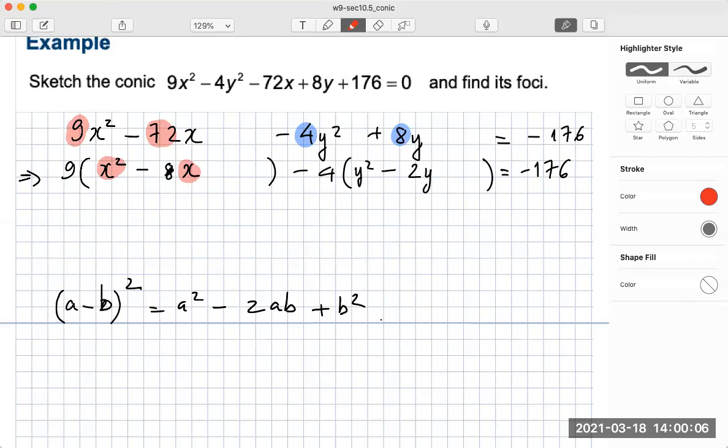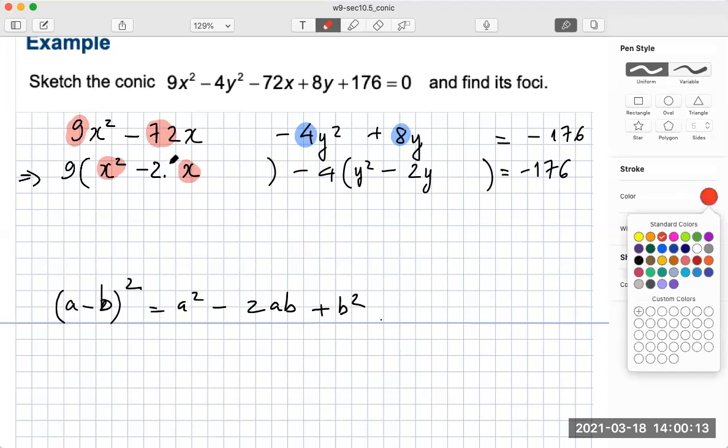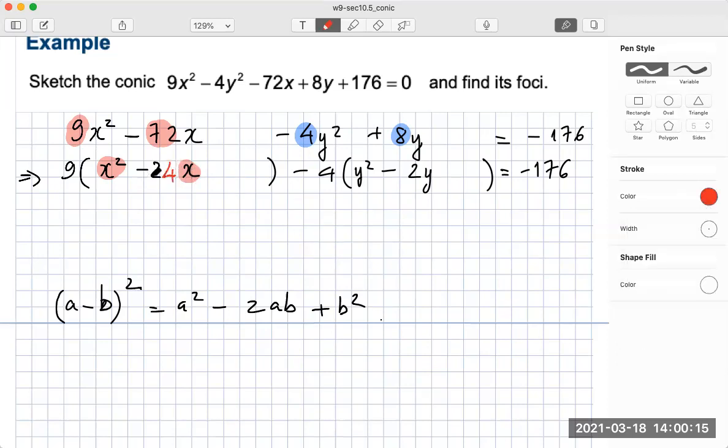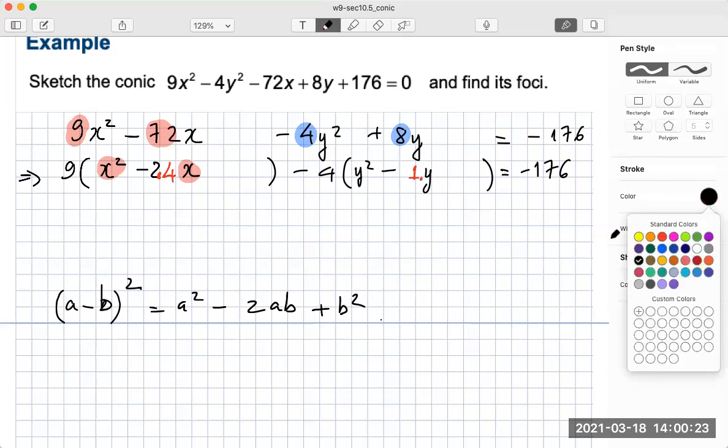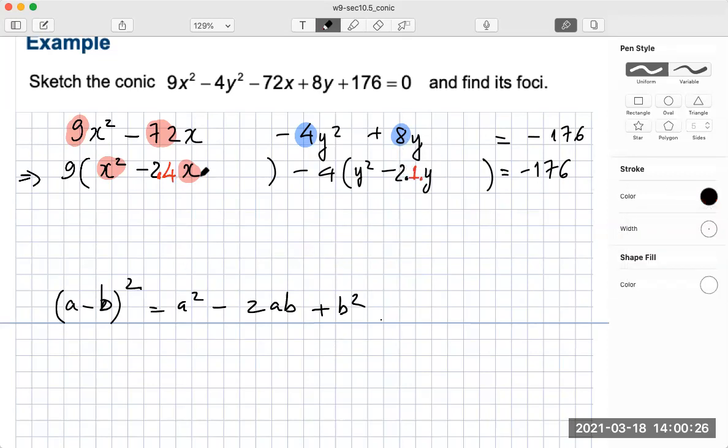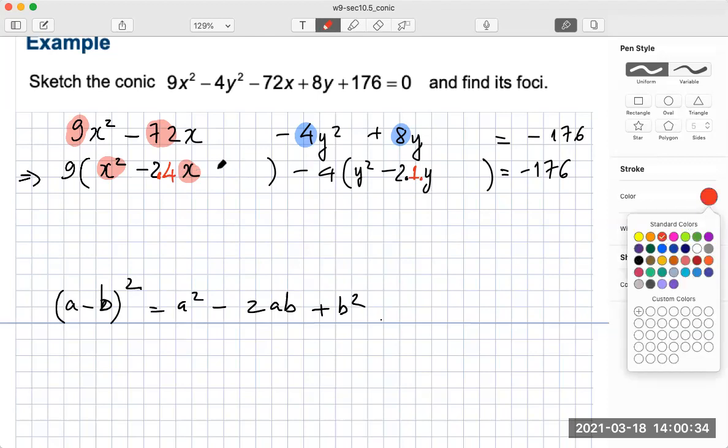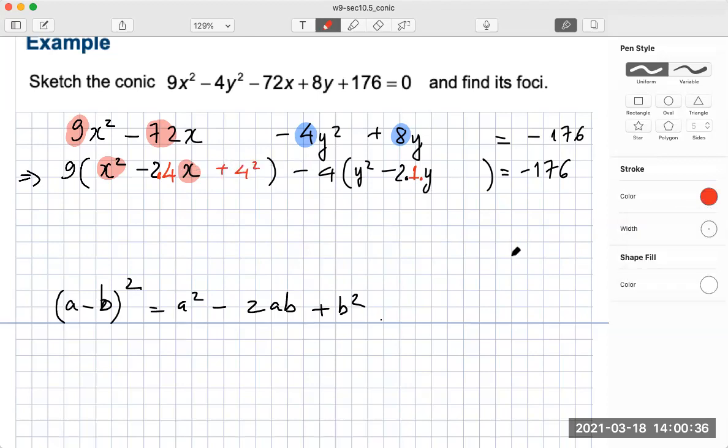But number 8 here, can we write it as 2 times 4? The story here is similar. If we write it this way, what number should we add here to make it a perfect square? 16, right? Or let us write it as 4 squared here.